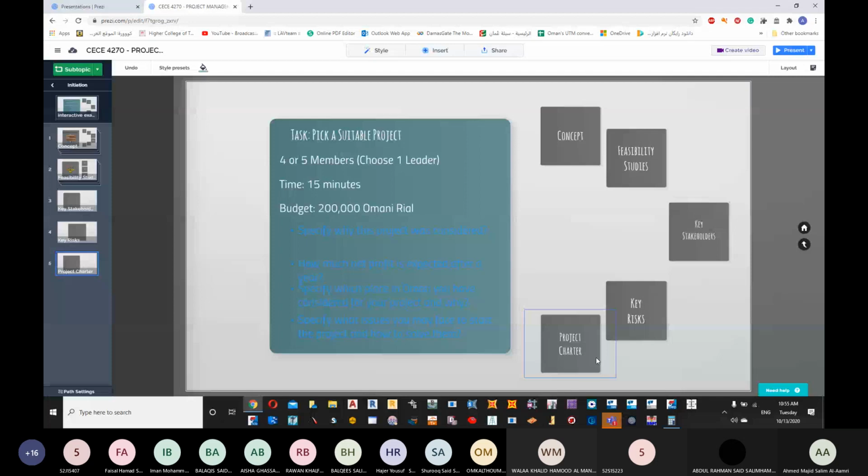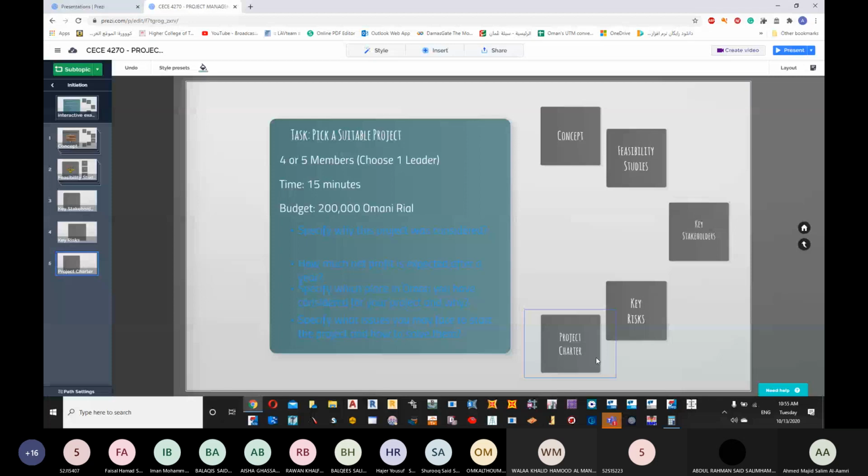And if he agrees to it, then he is now officially representing the client and has the authorization to start the project. Another name for it is project starter. It's where the project really starts.